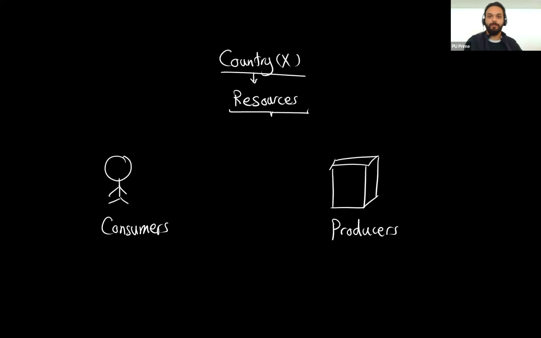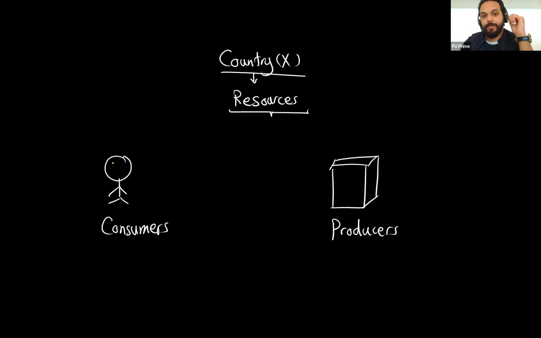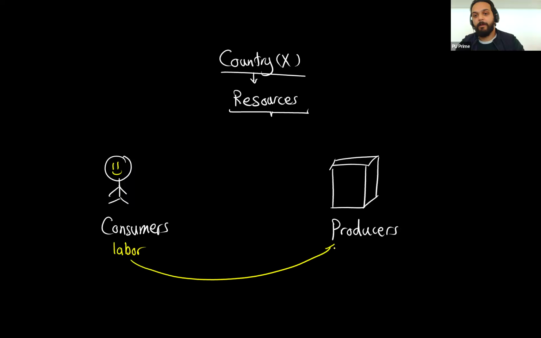So we have consumers and producers. How does the economy actually work? It works on a very simple idea. This person is considered to be resources. This is known as labor: an employee, someone who's educated, who has certain skills. Now, this person is going to be hired by the companies, by the producers.